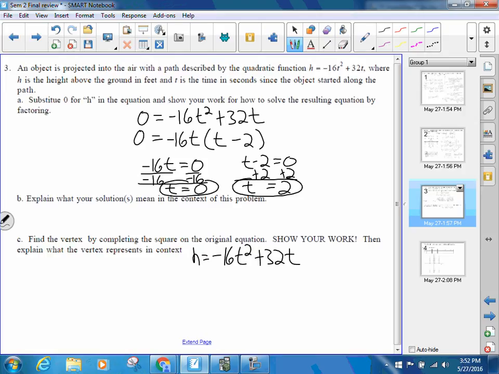Letter B, it says explain what your solutions mean in the context of this problem. Okay? So it means at 0 seconds, the object was on the ground. We'll say projected from the ground.